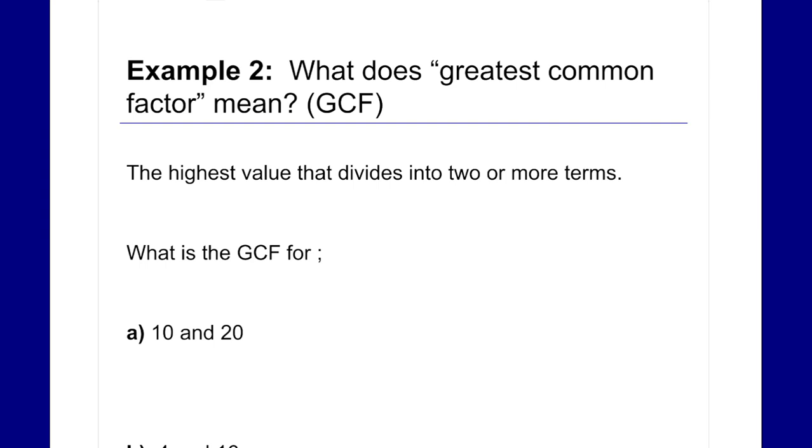Right? So now the highest value could be a number and or a variable. So the greatest common factor could be a number. It could also be a variable, right?